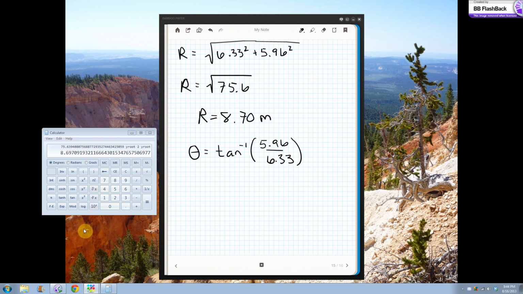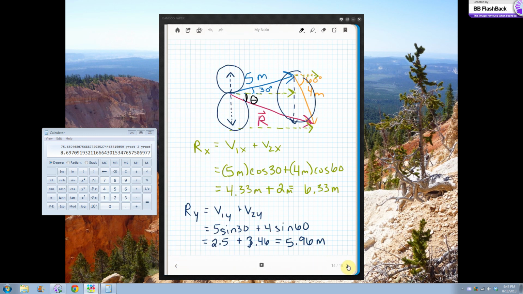Let's see. Does this thing even have inverse tangent? I don't think it does. I do not see it. That is why you need a scientific calculator. I need one at home. Anyway, you'll have to do that one on your own and let me know what the answer was. I could use Google, but that would involve opening another window and I'm just too lazy.